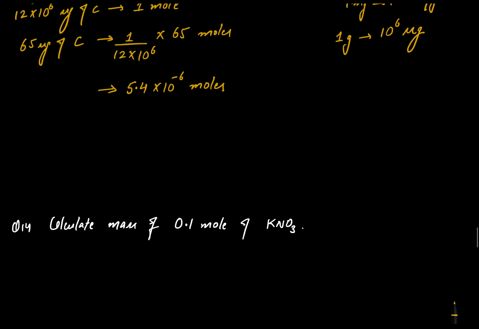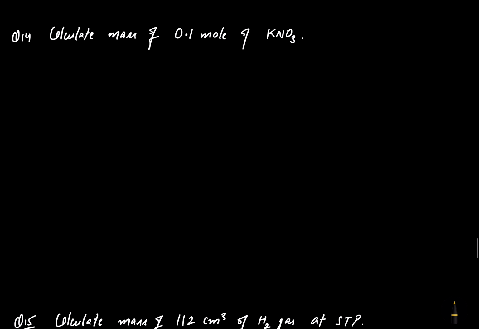Let's move to the ionic compounds or the formula masses. Question number 14 is calculate the mass of 0.1 mole of KNO3. Now I have to calculate mass by using moles. First of all I am evaluating the formula mass. It's an ionic compound, that's why the word will be formula mass of KNO3.